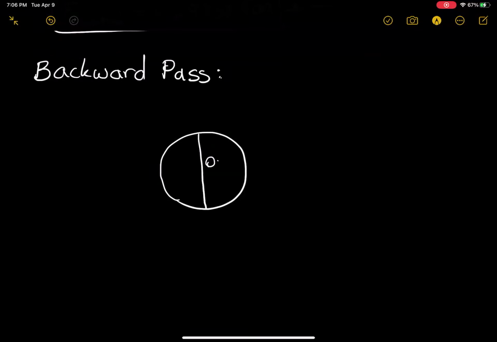Let's say this is my out of O1 and this is net of O1, right? And this is E of O1 that we calculated, error of O1, right? And we know that error of O1 is equal to half of target of O1 minus out of O1, to the 2.